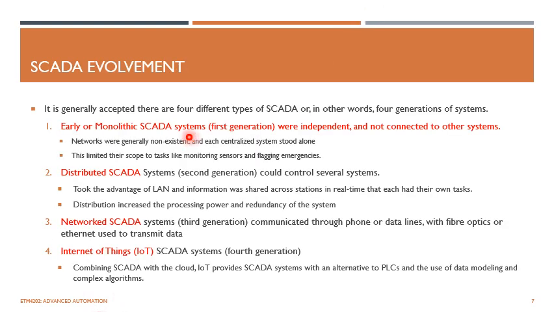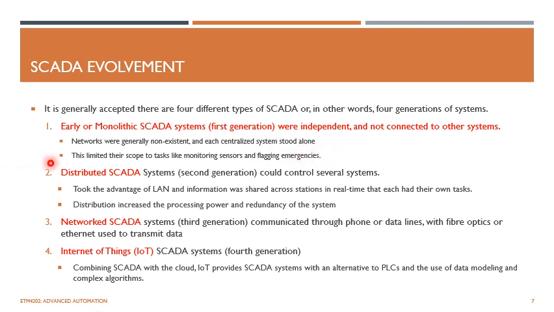SCADA systems have developed so far by passing through 4 generations. The first generation was the early or monolithic SCADA system. That was independent and not connected to other systems, so it's like a remote system. Networks were generally non-existent, and each centralized system stood alone.